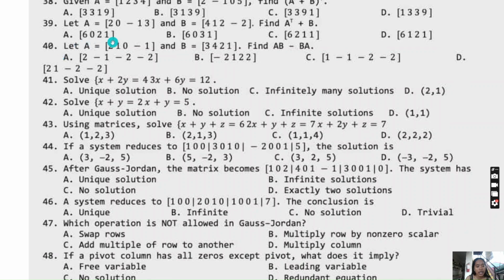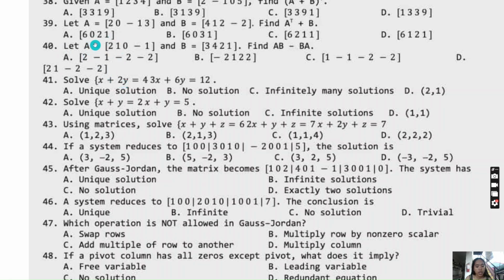And 39, let A is equal to 2 0 and negative 1 3, and B is 4 1 2 and negative 2. Find A transpose plus B. Number 39, our answer for this is letter A again, which is 6 0 2 1.